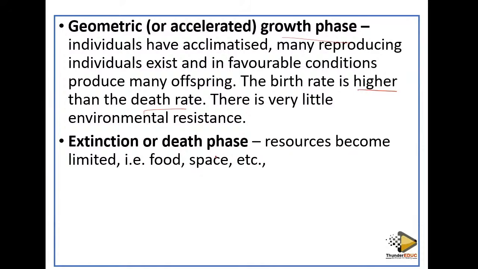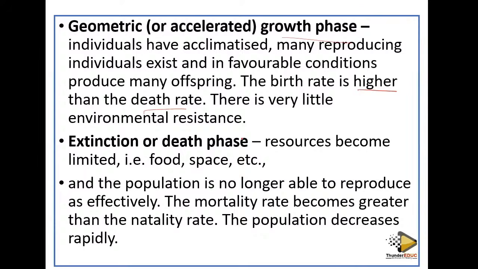Resources become limited. Food, space, diseases come in, meaning that now the area cannot accommodate any extras. And then you start to see that the population now is what? Decreasing. The population is no longer able to reproduce effectively.